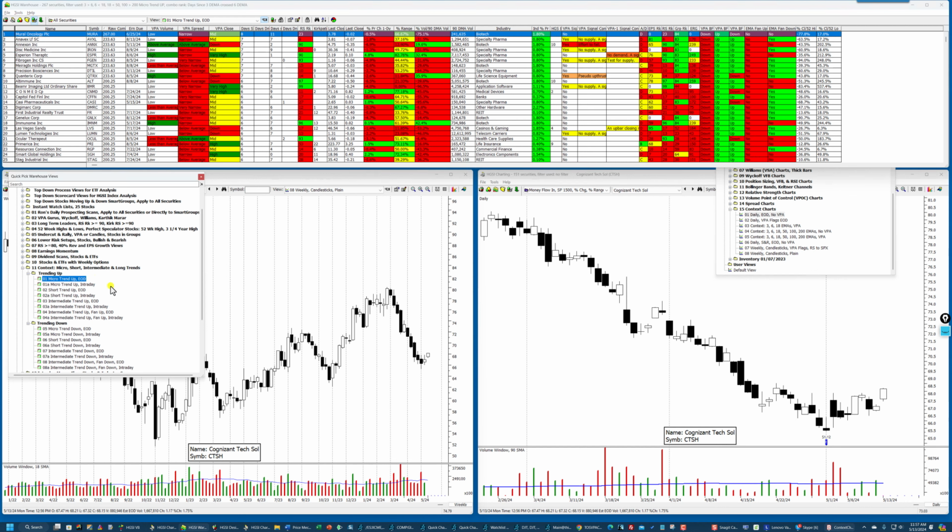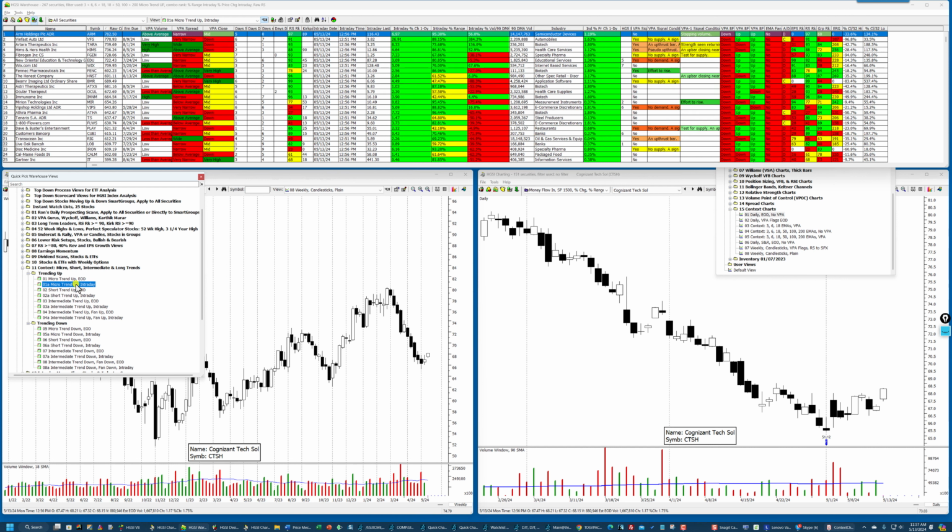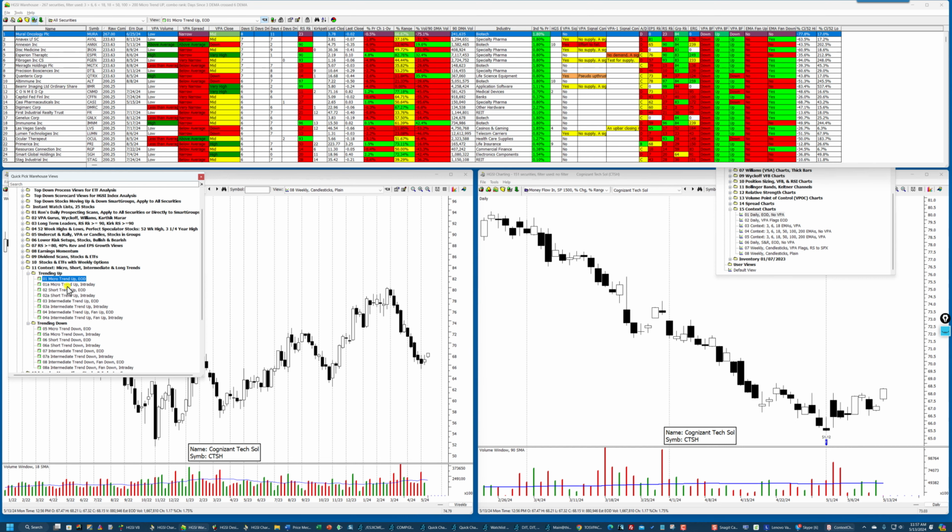If I'm looking for micro trend up, what's a micro trend? Well, I'm going to explain that, but it's really when the 3 is above the 6. So I have micro trend up intraday, end of day, and intraday. Short-term trend, and I'll explain all these. I don't think I'll get into it right now. I just want you to be aware that these are in here.